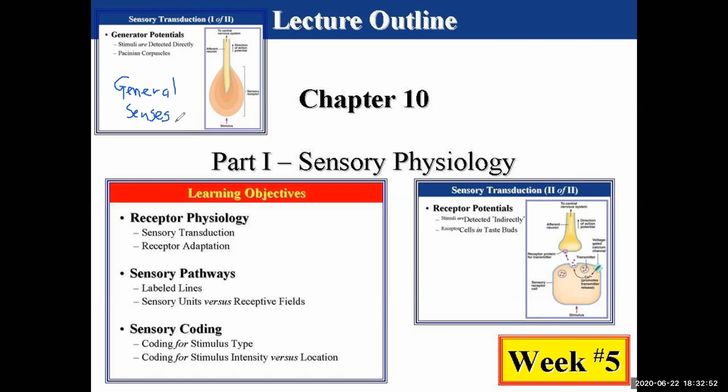One of the four general senses being pressure, and the Pacinian corpuscles are basically conveying pressure perception to the brain.